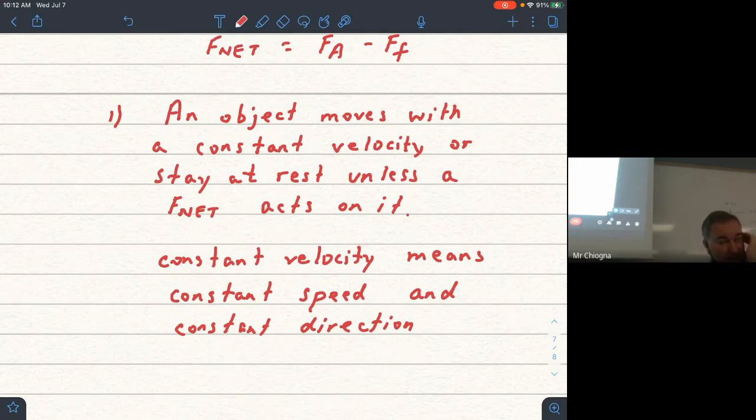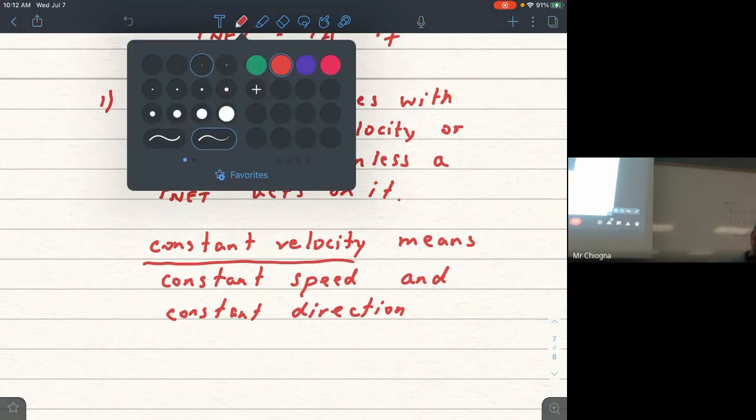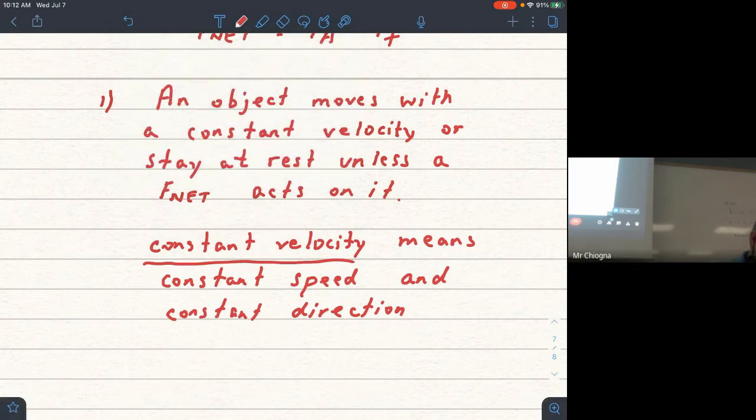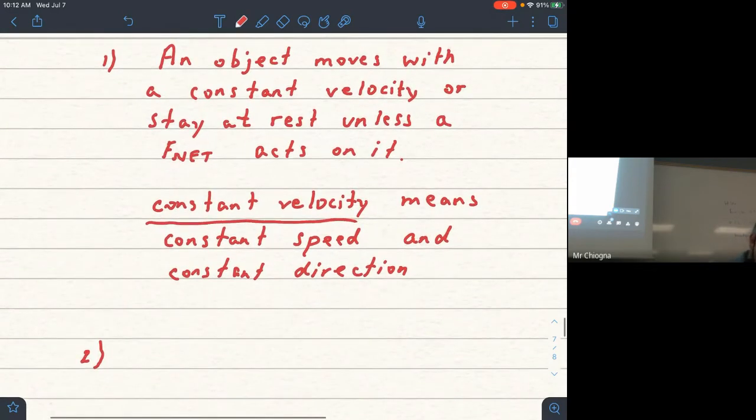It'll slow down eventually, but for the most part, it'll keep moving with a constant velocity, at least in the short term. That's the first law. An object moves with a constant velocity or stays at rest unless a net force acts on it.